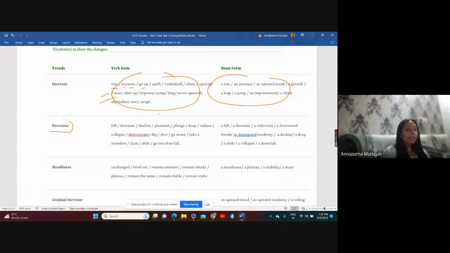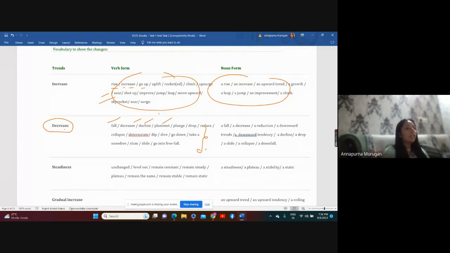And for decrease also, it will be shared by our team. Don't worry, we'll be sharing this. Fall, decrease, decline, plummet. This is for your decrease. You can see so many words we have.